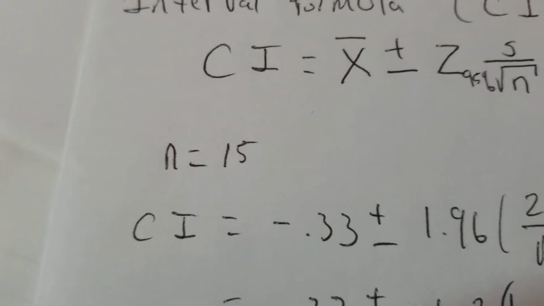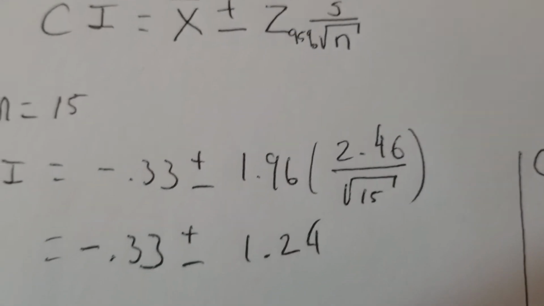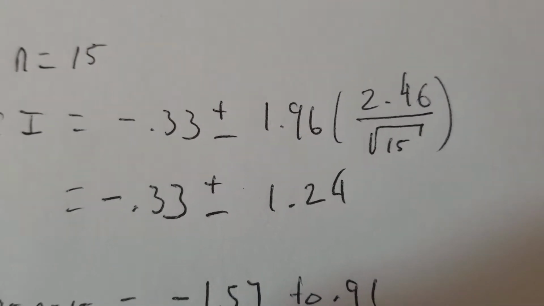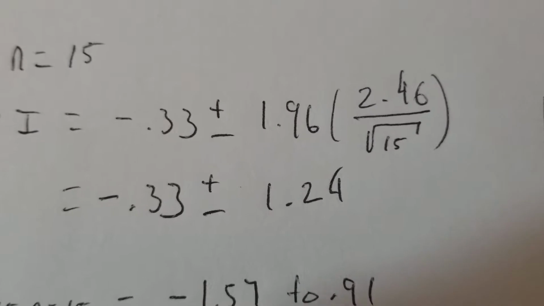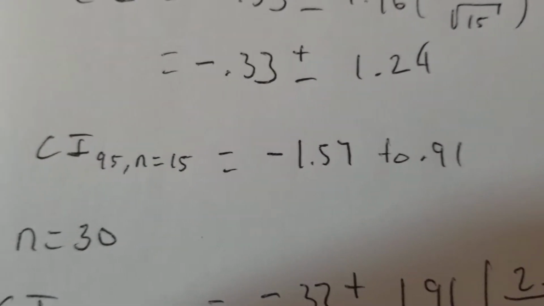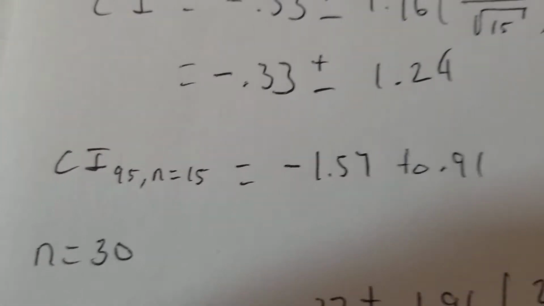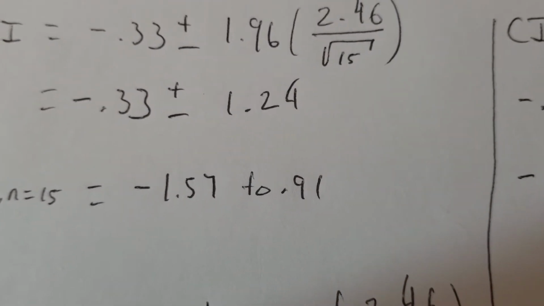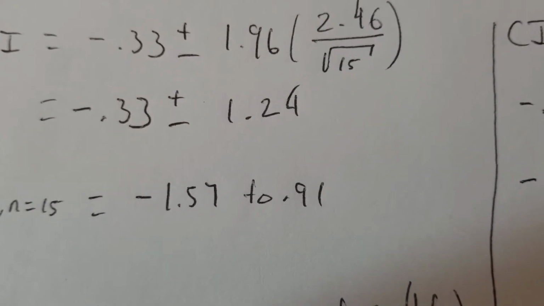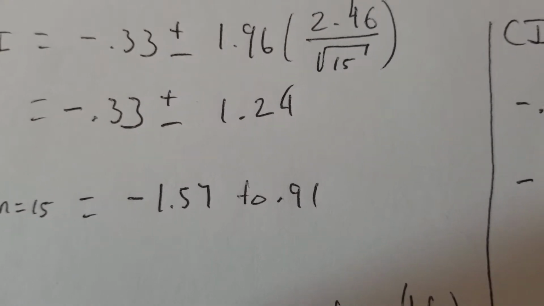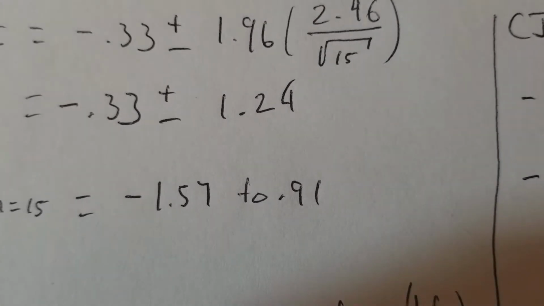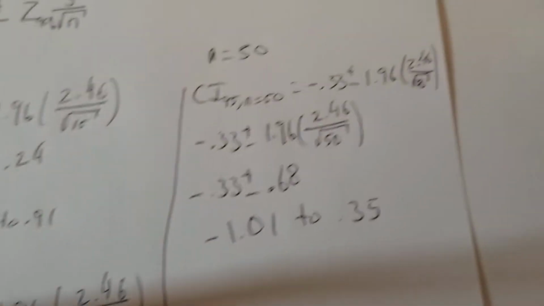Again, 15 is my n for this sample. So we get negative 0.33 plus or minus 1.24. And then our 95% confidence interval for n equals 15 is from negative 1.57 to 0.91.